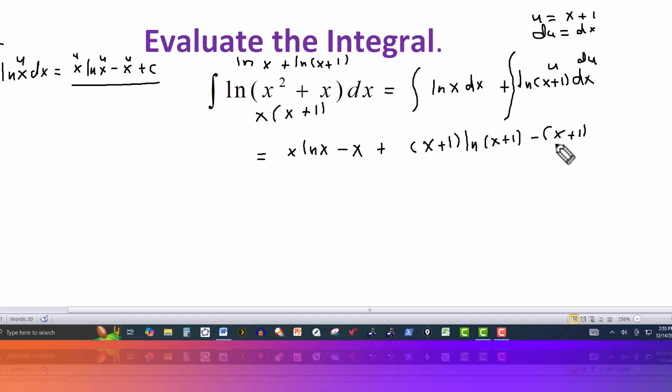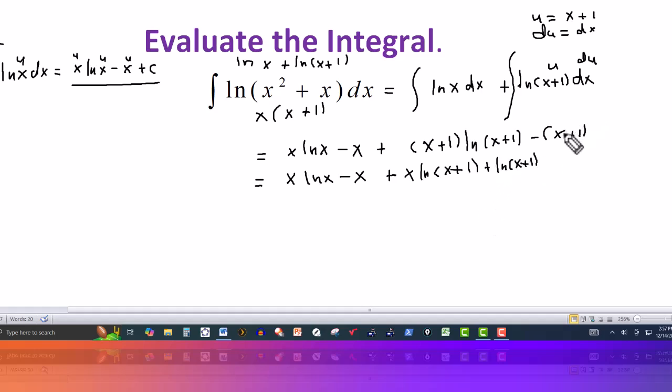But again, I'm not finished, so I'm going to wait on that and show you something here. In this case, I'm going to leave this as x ln of x minus x, and here we'll go ahead and multiply this out. So this will be a plus, distributing x plus 1 multiplied by ln of x plus 1, so it'll be x ln of x plus 1, and multiplying the 1 would just give me ln of x plus 1.